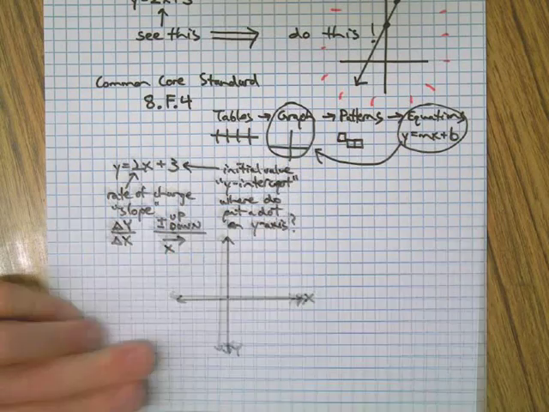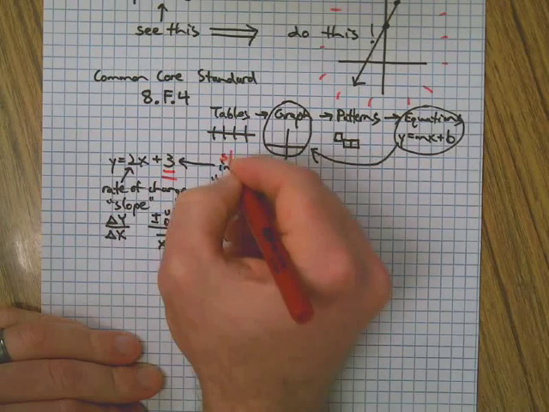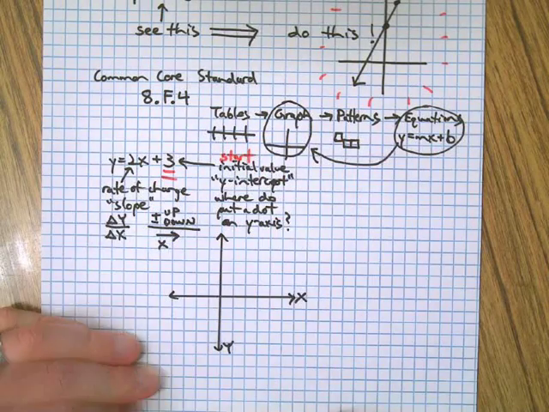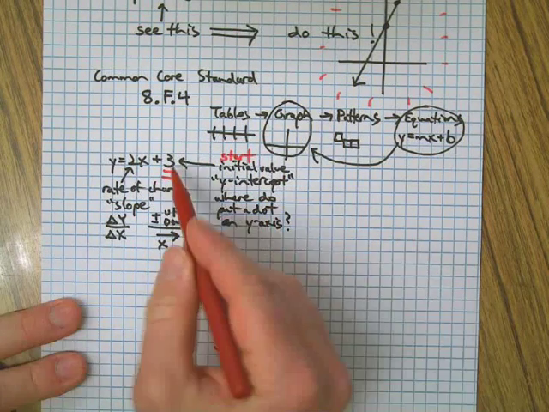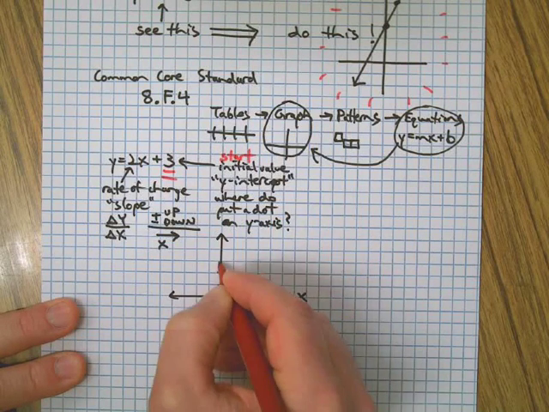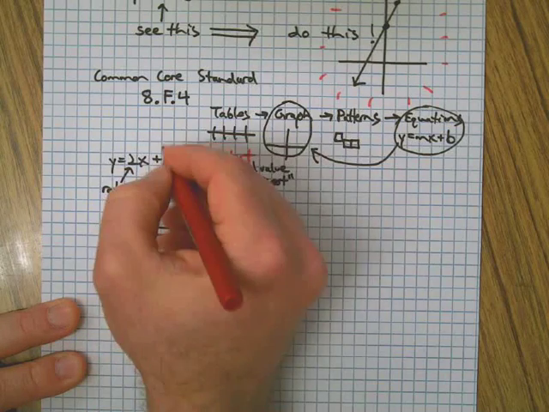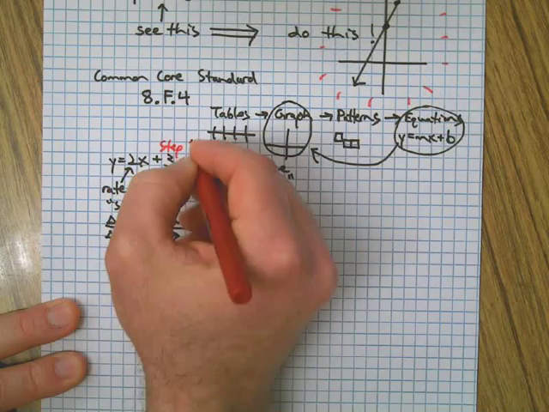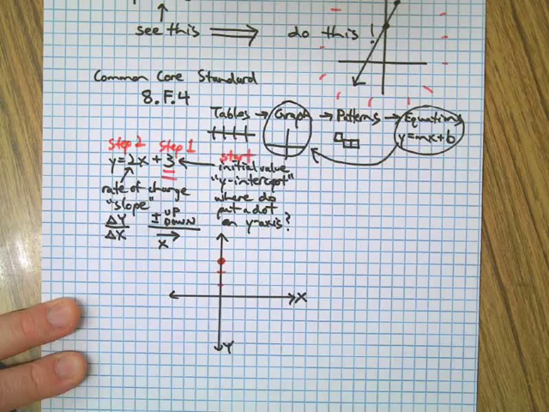First, we're going to start with the initial value. Does that make sense? Because initial means start also. The y-intercept, where do you put a dot on the y-axis? Right here, positive 3. 1, 2, 3. Make a dot. That's step 1. Step 2, in this case, is the 2.